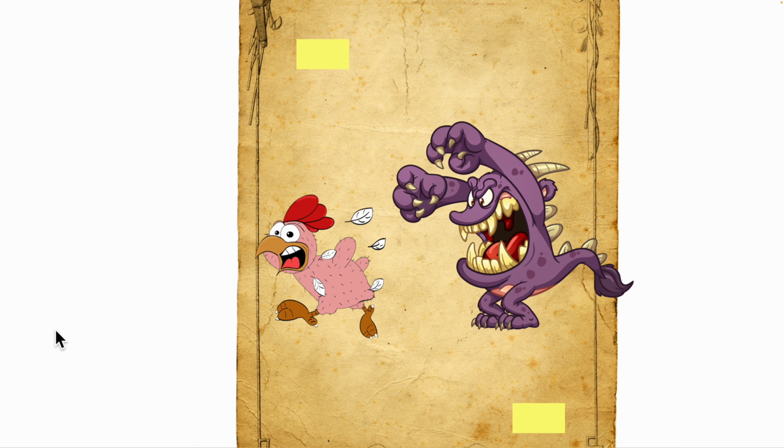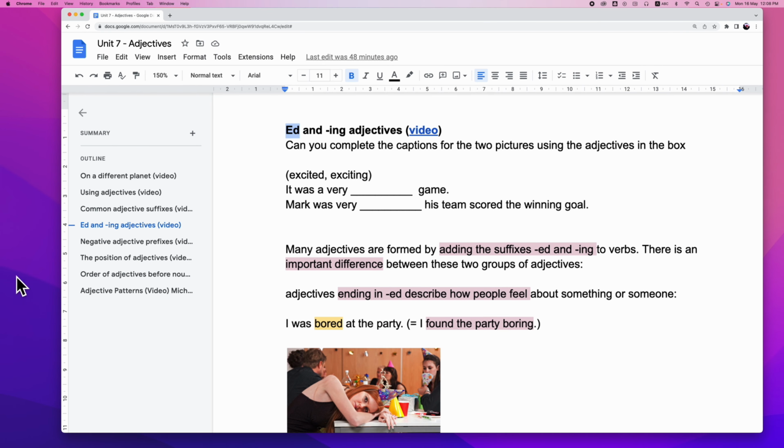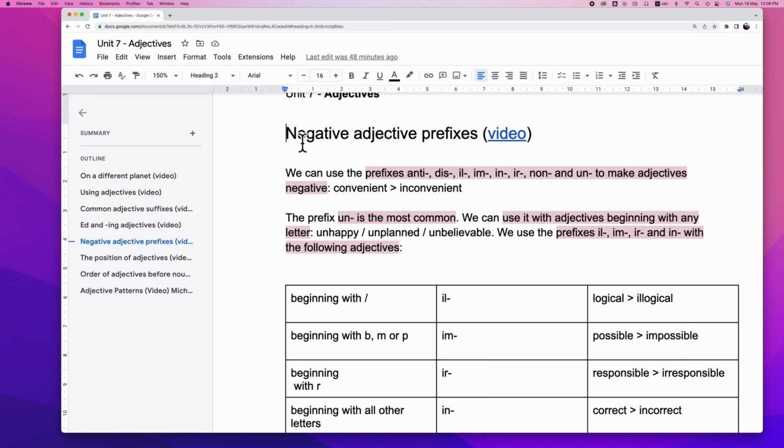Okay, so what's next? Negative adjective prefixes. Prefixes are certain letters put in front of an adjective, and we all know that they represent some sort of negative emotion.